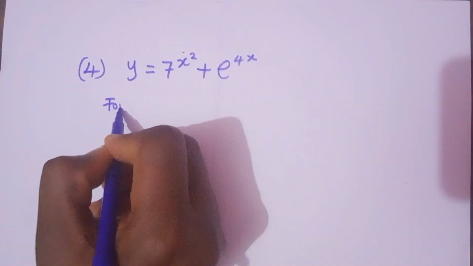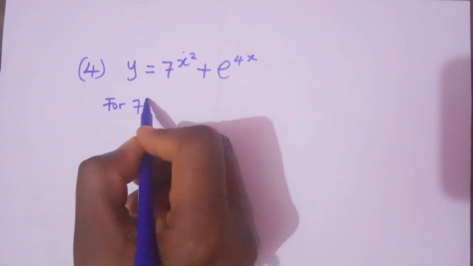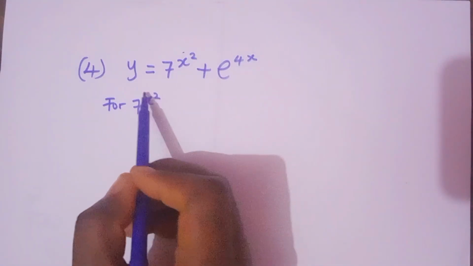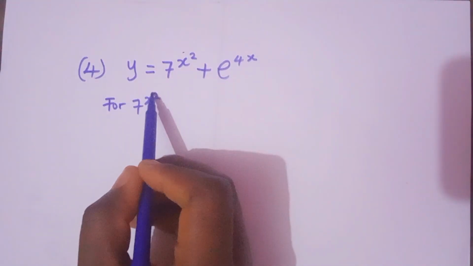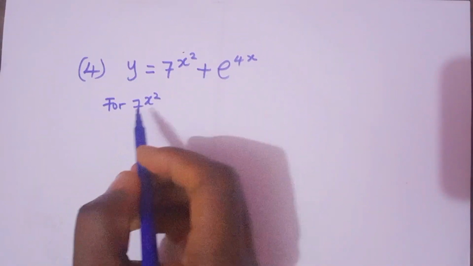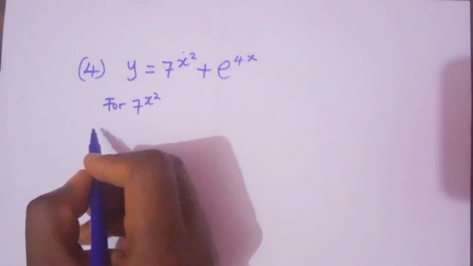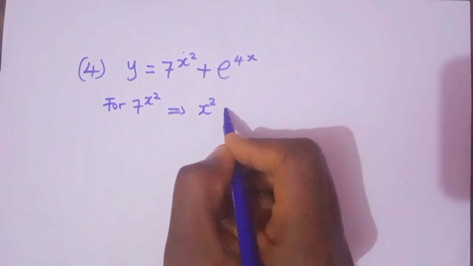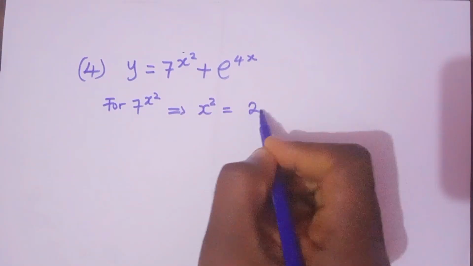So for 7 raised to the power x squared, to differentiate this, first I say differentiate the power. To differentiate x squared, we have 2x.